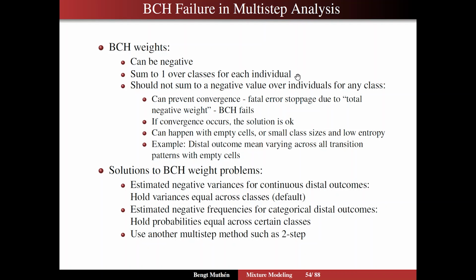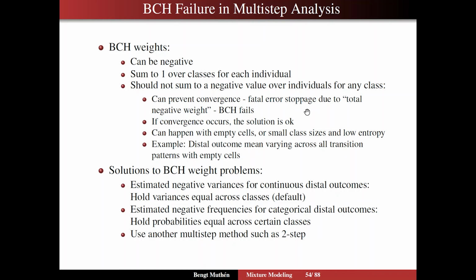They typically do. But they should not sum to a negative value over individuals for any class. So if you think of adding the weights down the rows in any specific column, they should not add to a negative value.